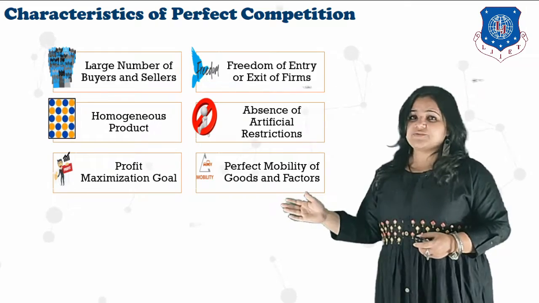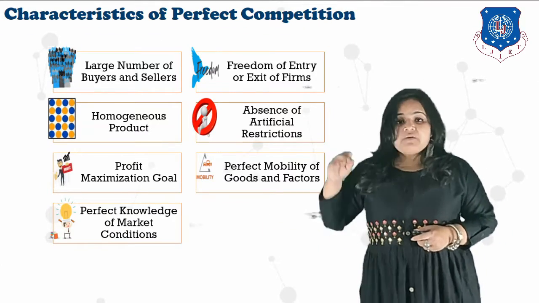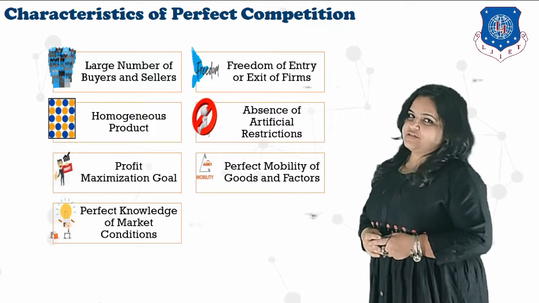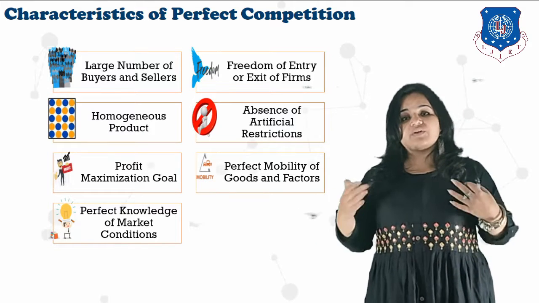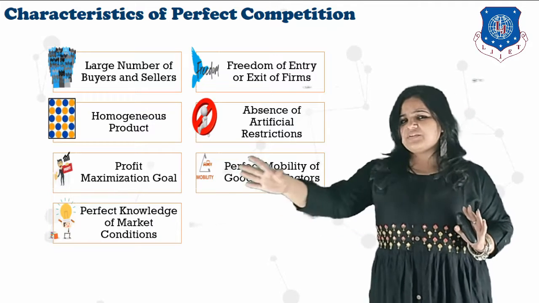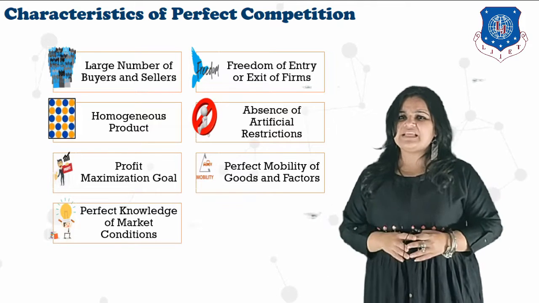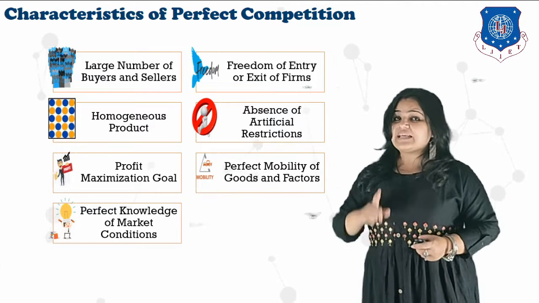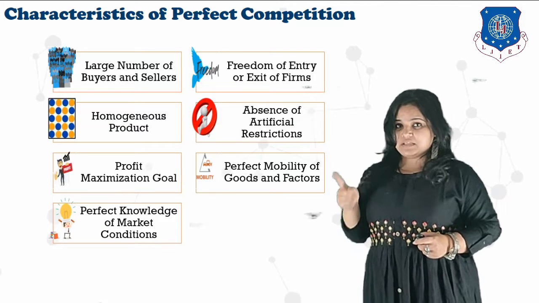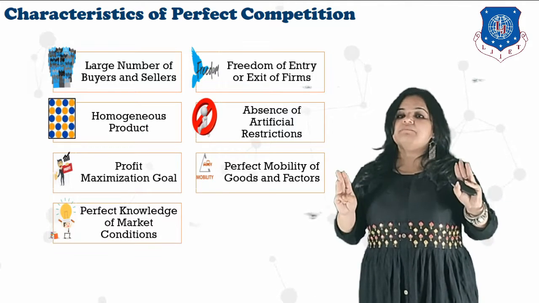Everything can be transferred anywhere and without any transportation costs. Moreover, we as buyers and all the sellers have perfect knowledge of market conditions. Everyone knows that everyone here is selling exactly the same thing at exactly the same price. Remember this: a large number of sellers selling the same type of product, at the same price.